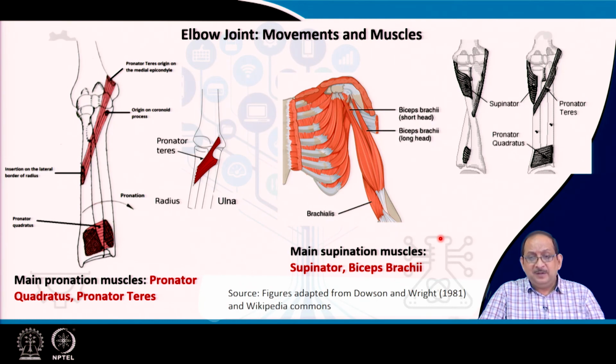The other movements are the pronation and the supination as discussed earlier. The main muscles responsible for pronation are pronator quadratus, located here, and the pronator teres, located more towards the medial epicondyle of the humerus and the proximal part of radius.